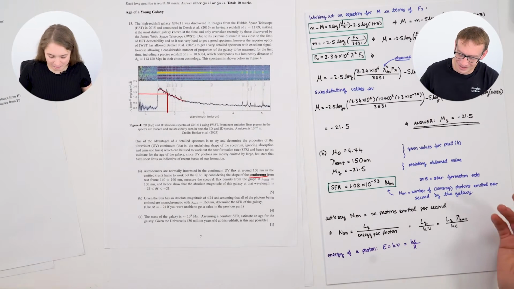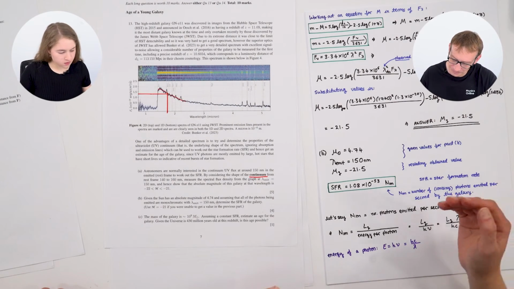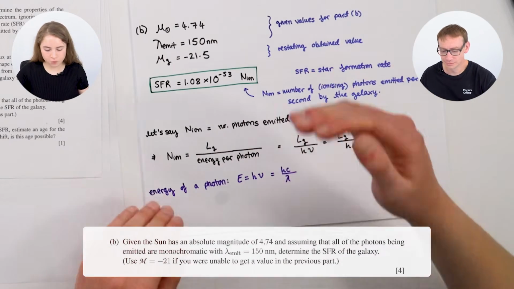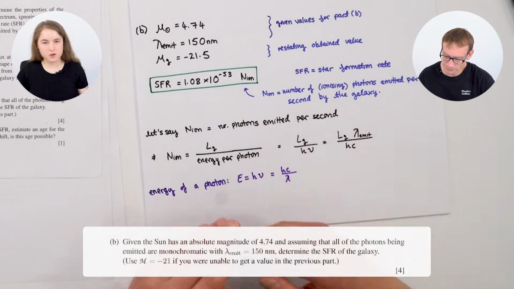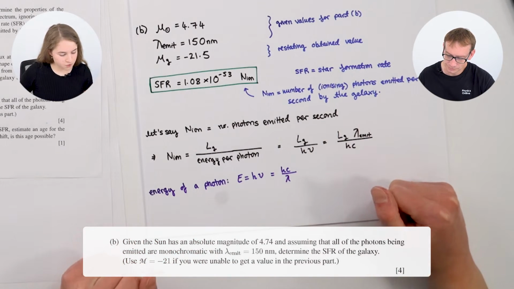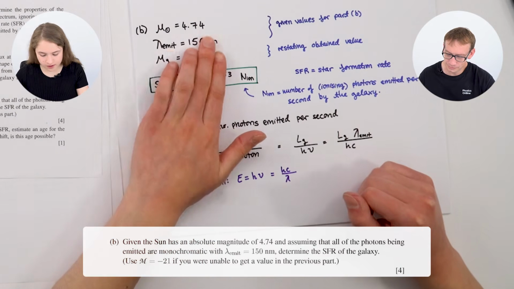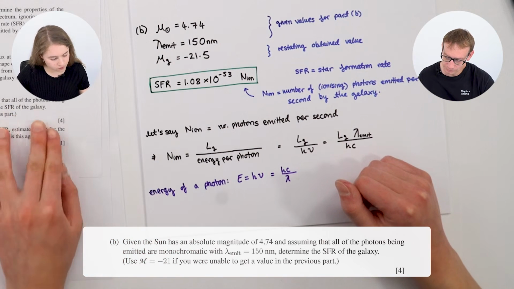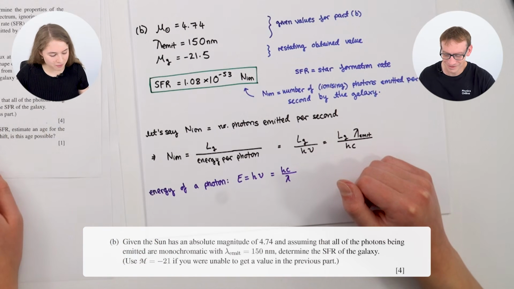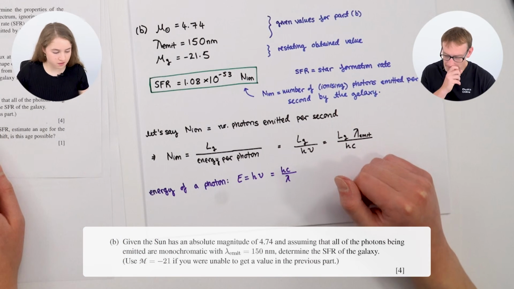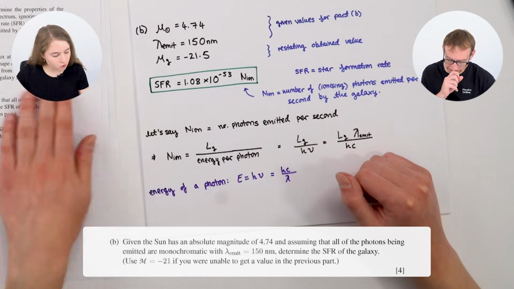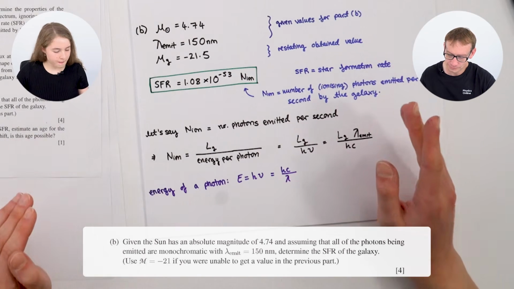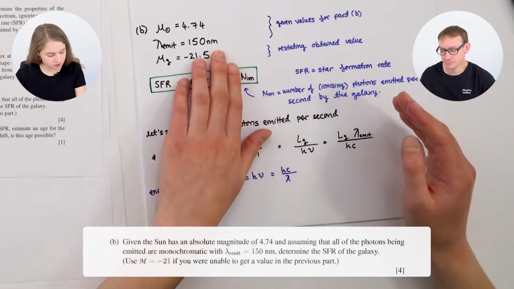So as I've said a few times, the first thing you do is read the question and write down the values that are going to be useful to you so that you can refer to them quickly later. We've been told the absolute magnitude of the sun, so I've written that down here. And we've also been told to assume that all the photons being emitted are monochromatic with emitted wavelength 150 nanometers. Even though they've mentioned the 150 nanometers already, this is still kind of new information, so I've written it down again.